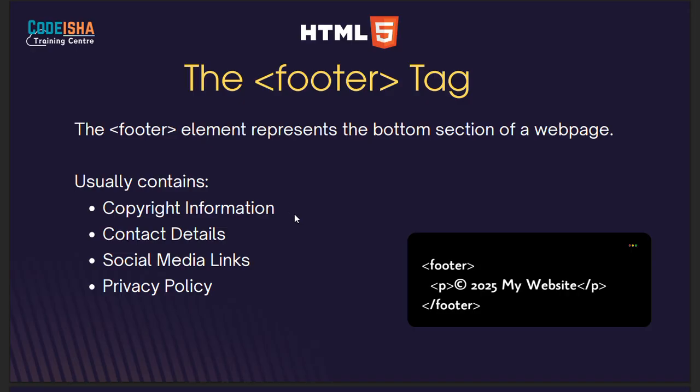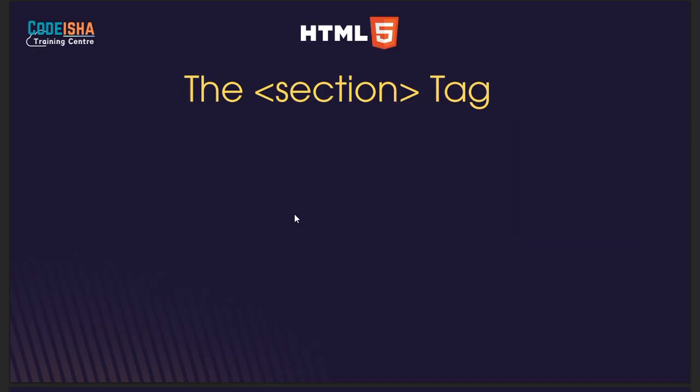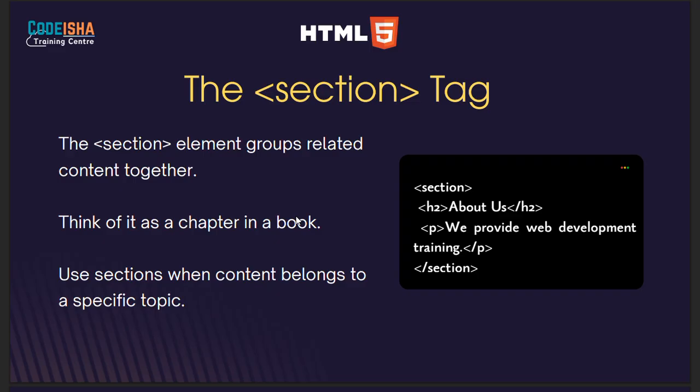Coming to the section tag: the section element groups related content together. Think of it as a chapter in a book. Use sections when content belongs to a specific topic.